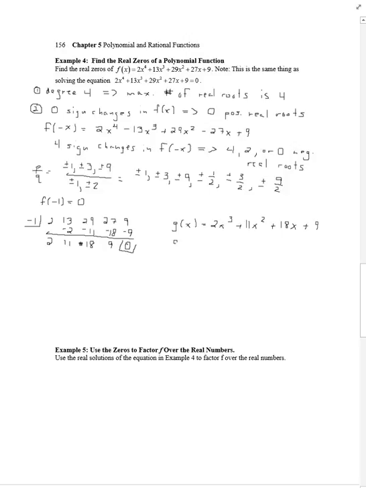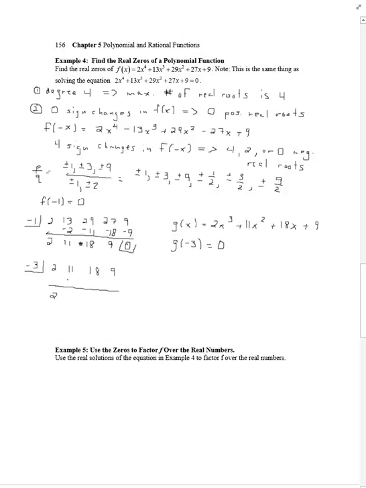So let's try plugging -3 into that. When I do, I get 0. That's good. That means I can plug -3 in, and I don't have to do synthetic division on the original. In fact, I don't want to. It's better to do it on the depressed equation. So I'm going to write g of x here and just do my synthetic division.